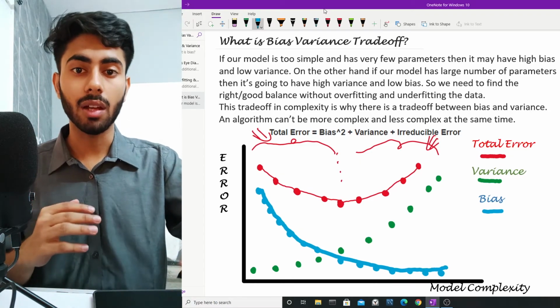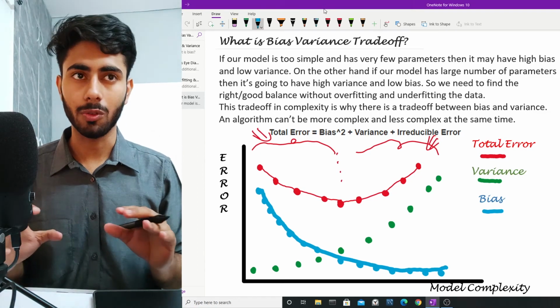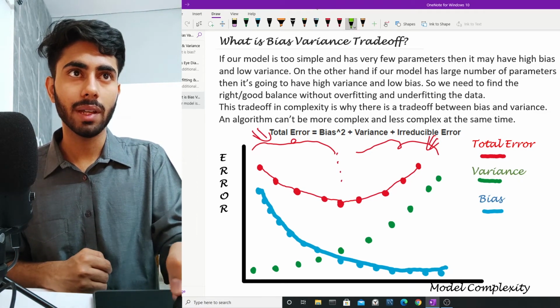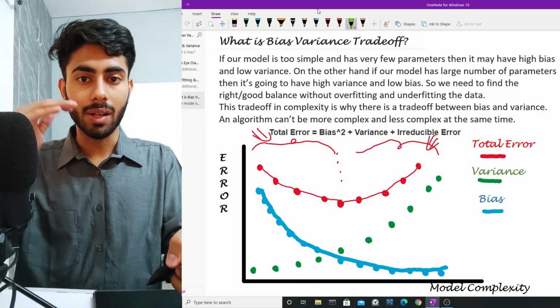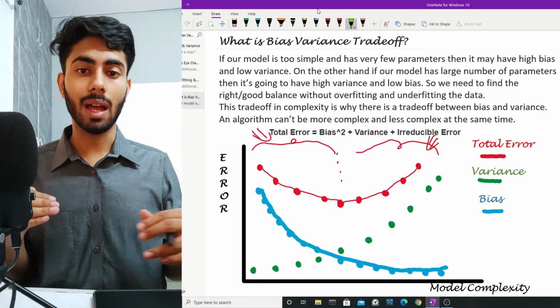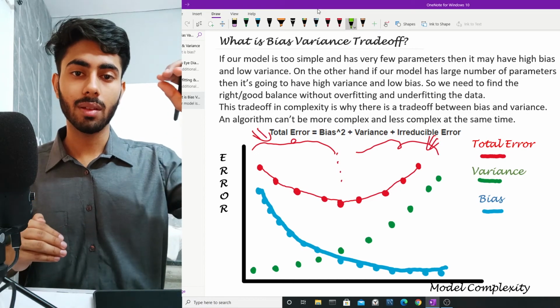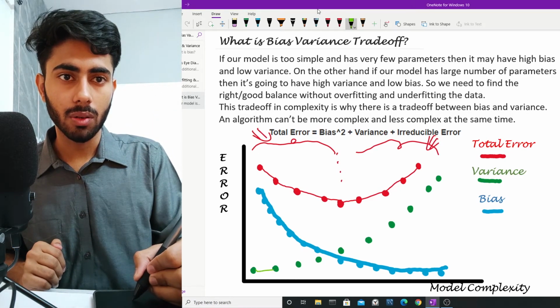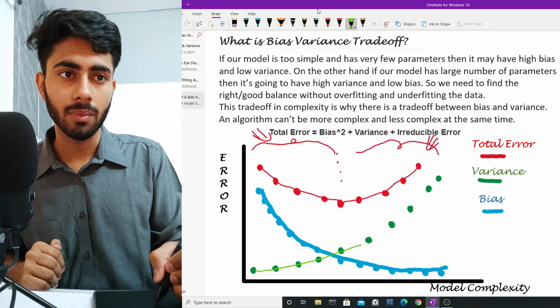It decreases and approaches zero, but it is not equal to zero. If we talk about variance, in the underfitting condition my variance is low, but as we reach the overfitting condition, the value of the variance is high. So the graph of my variance will look like this.